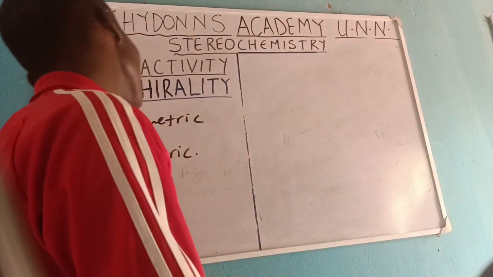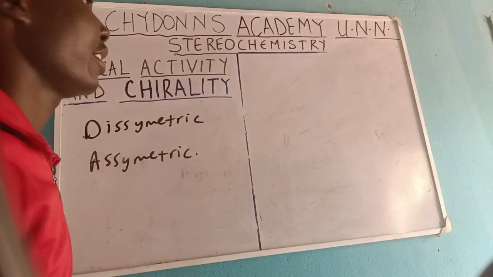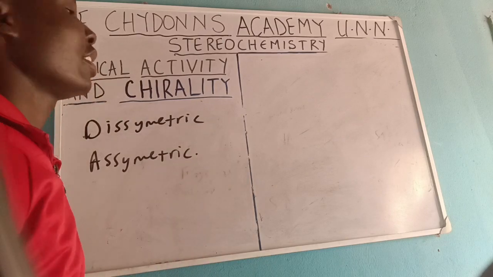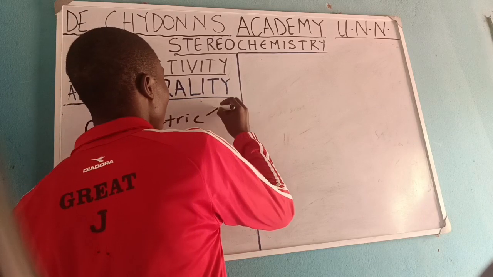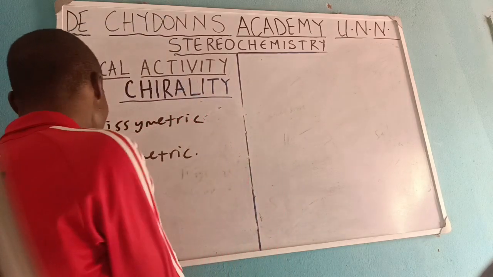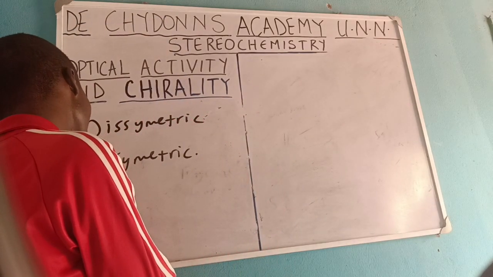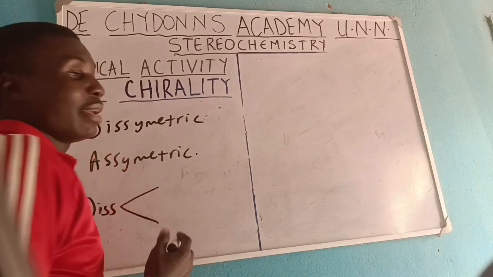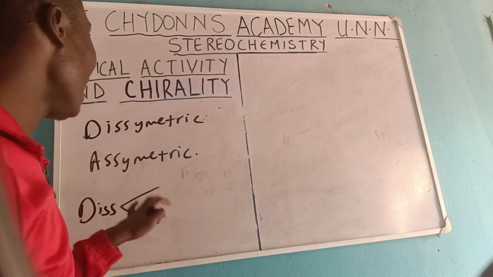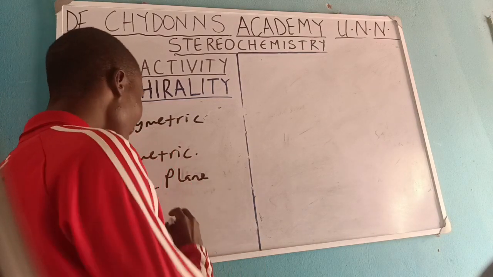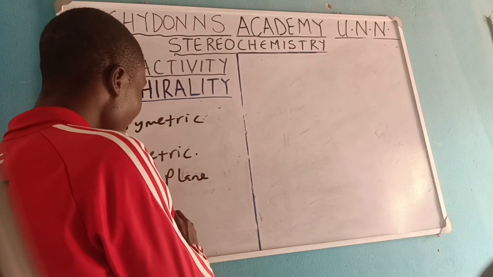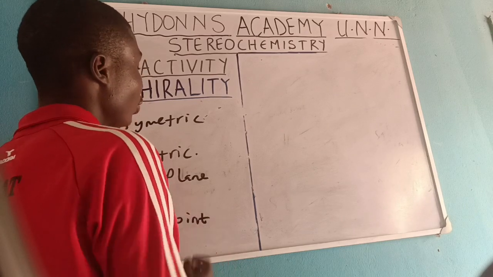We're going to talk about disymmetric compounds and then asymmetric compounds. Disymmetric simply means that the compounds lack two elements of symmetry. Let me write that down here. So for disymmetric, we have a compound that lacks two elements of symmetry: the plane of symmetry, and the point of inversion, or inversion center.